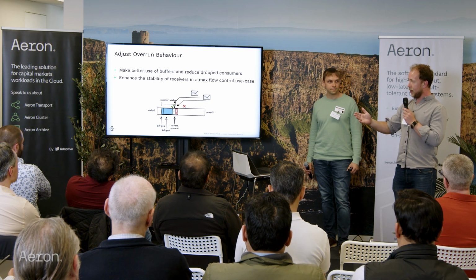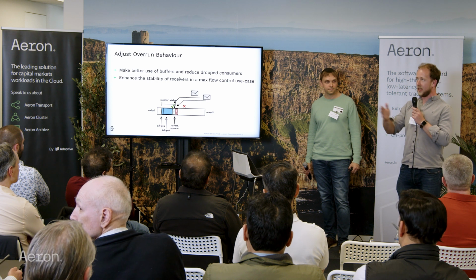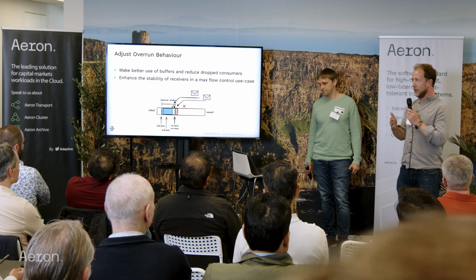And so what would happen prior to 144 is that when you're sending data out to multiple consumers, the rate of those receiver windows would change, and in a max multicast flow control strategy, you could have things falling behind.